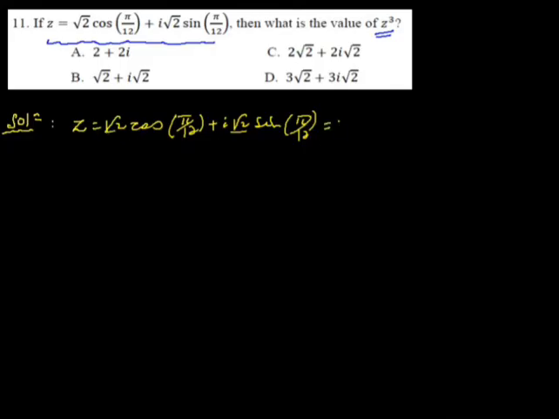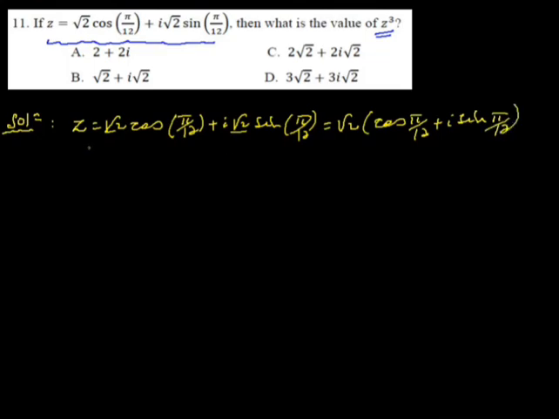So let us write the original complex number. z is equal to radical 2 cosine of pi over 12 plus i times radical 2 sine of pi over 12. We have radical 2 in common, so we can take it out. Radical 2 into cosine of pi over 12 plus i times sine of pi over 12.